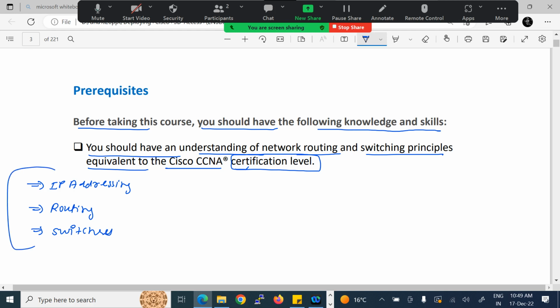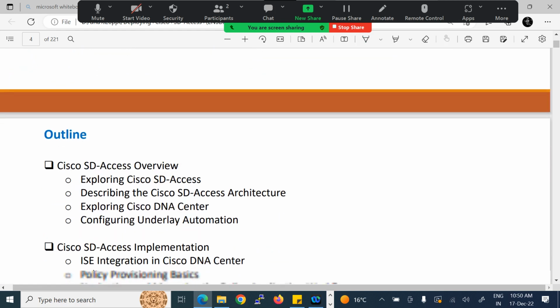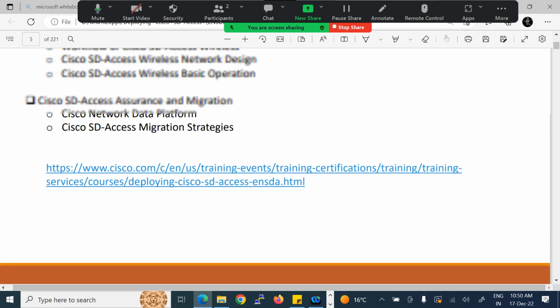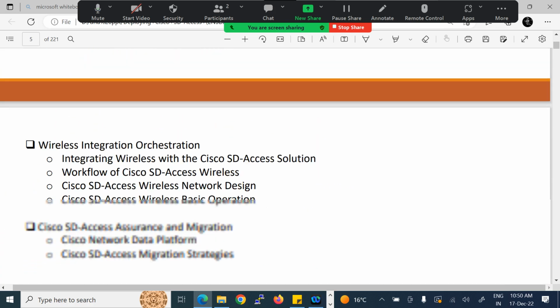So basically, you must have a basic understanding of a network. Now this is the outline which was shared with you.